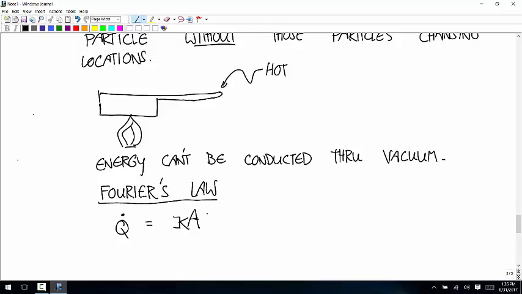I'll explain what all these mean. Times basically the gradient in temperature as you move along the path of the energy.